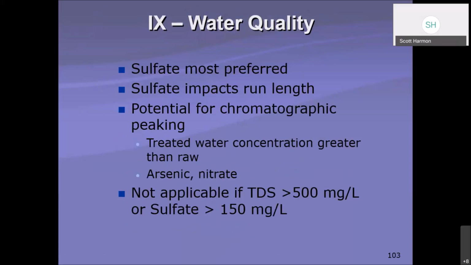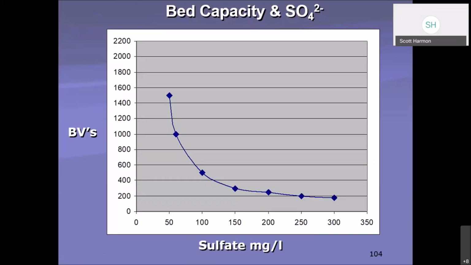Potential for chromatographic peaking, and I'll talk about that more later. Treated water concentration greater than raw. Arsenic and nitrate not applicable for total dissolved solids under 500 milligrams per liter, or sulfate under 150 milligrams per liter. So these are just things that have to be analyzed before you would decide which ion type you would choose for the ion exchange.